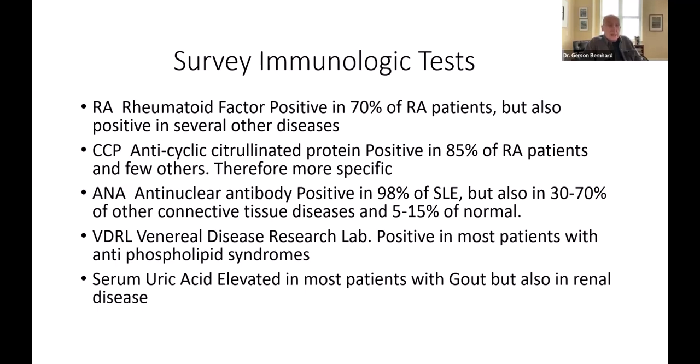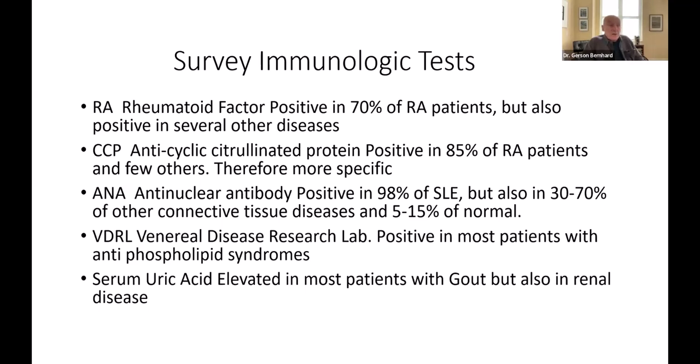It is not specific. By contrast, if you look at an anti-cyclic citrullinated protein, we now think this may really be the antigen that stimulates the immunologic response called rheumatoid arthritis. And it is much more specific. And there are very few false positives.